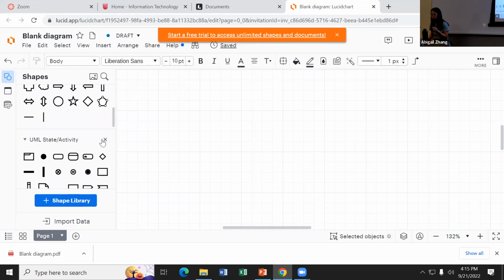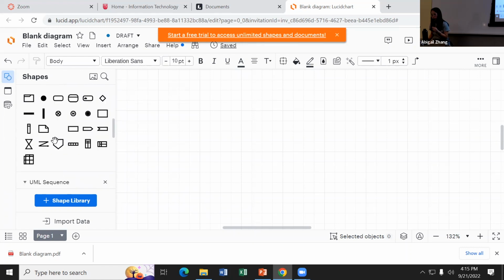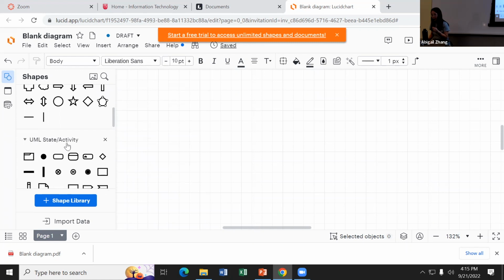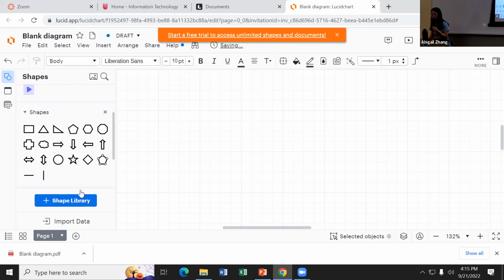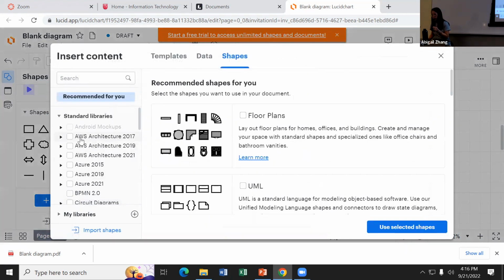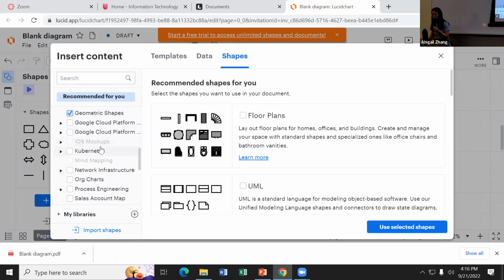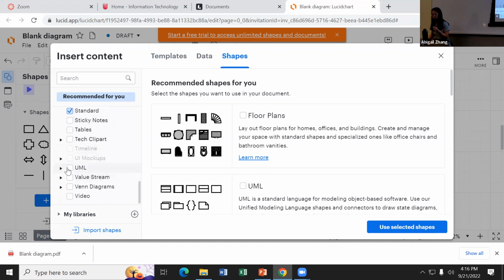If when you open it you are not seeing the ones that I have here, so you don't have these UML shapes, that's normal because we have to add them from the shape library. So let's go to this shape library, which is at the bottom of your left-hand side. Let's click it.